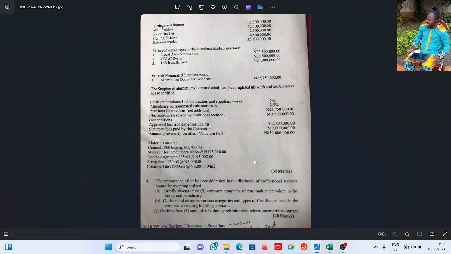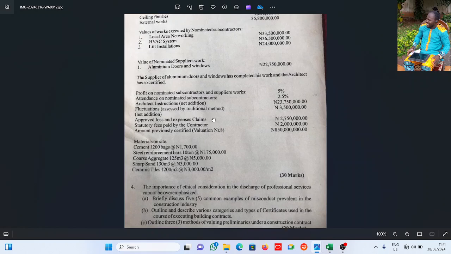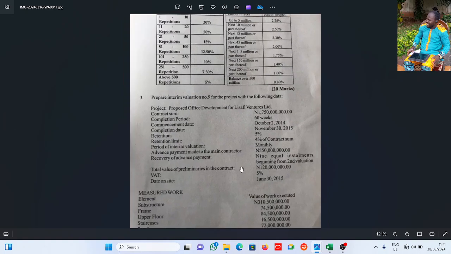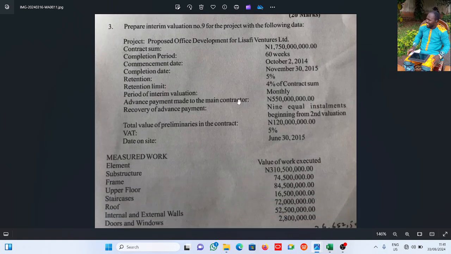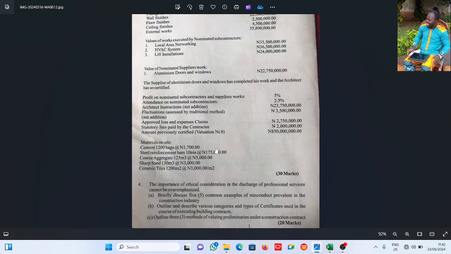Let's check this here. Okay, see it here. Amount previously certified in valuation number 8 is 850 million.